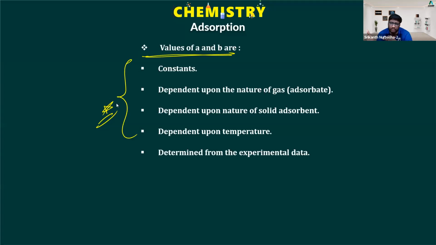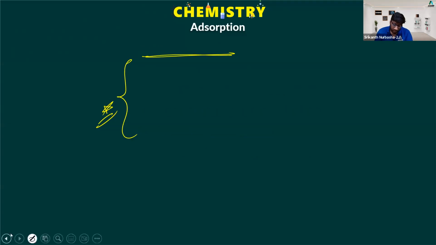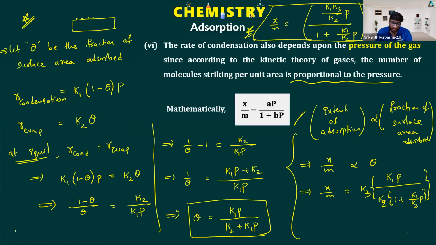Whatever x by m we get at different pressures, we write in this equation format, and from that only we try to figure out the values of a and b. Clear? You don't worry about the derivation part, okay? You don't need to derive it, but I have just given it for your better understanding. Instead of directly giving the formula to remember, if you can derive it, we can try to understand it carefully.